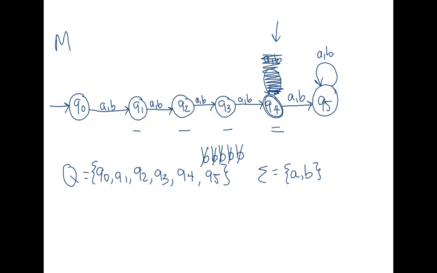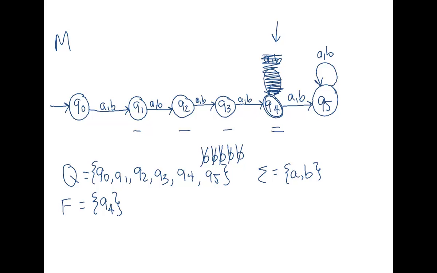We have Q0, our start state. That was what we named our start state. And then F, our set of final states. It has to be a subset of Q, and in this case our only final or accept state, same thing, different name, is Q4.